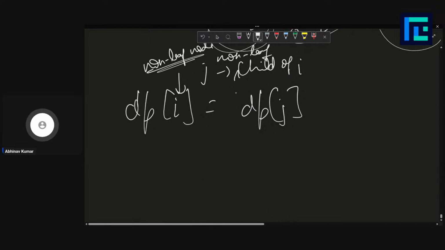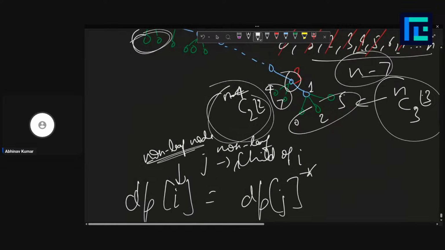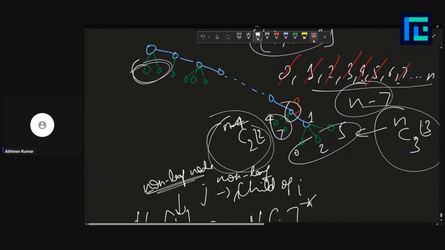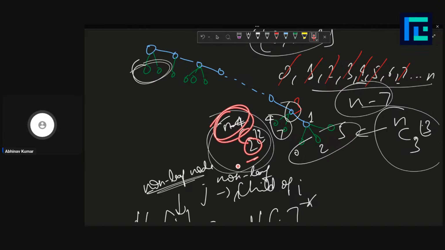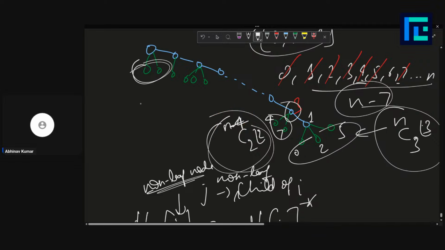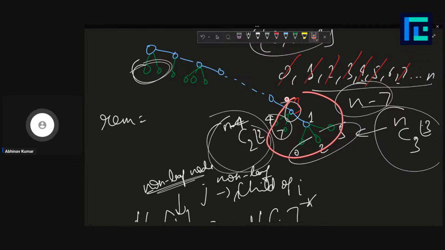So dp[i] we can say is dp[j] multiplied by, what would we multiply with? Number of choices remaining, c number of leaf nodes. So what is the number of choices remaining? In this subtree, here it was -4.